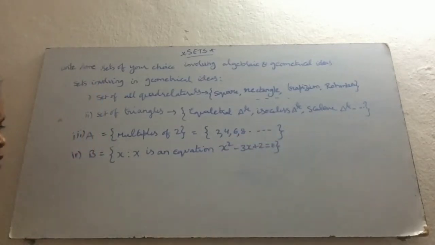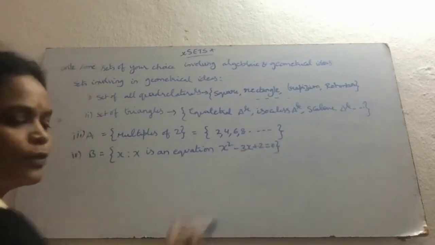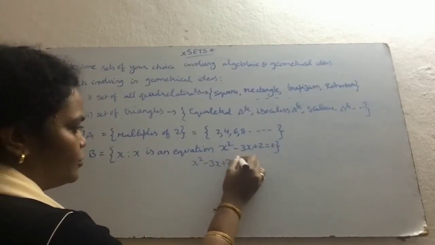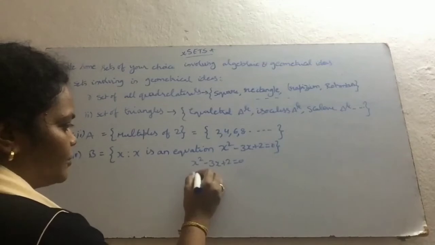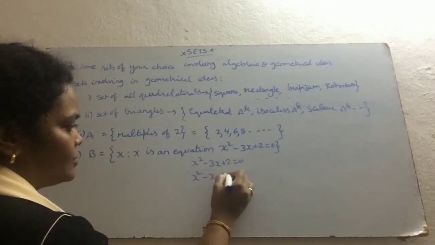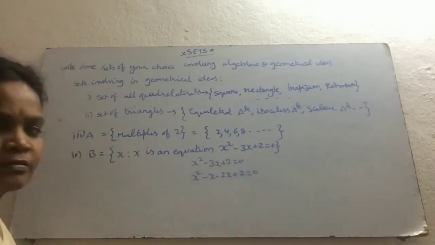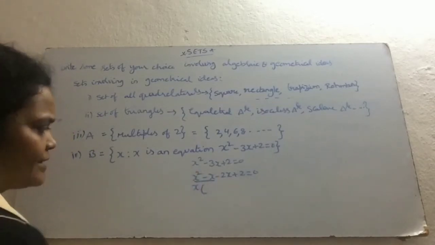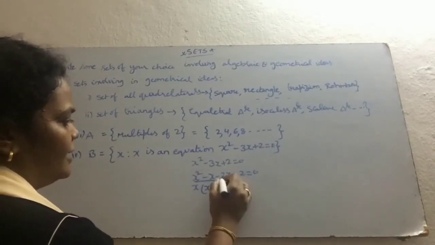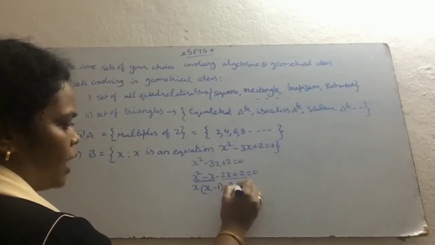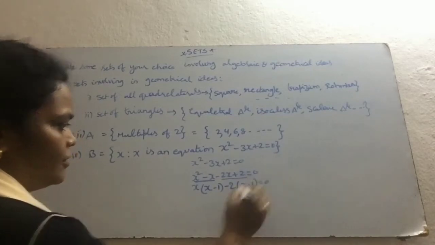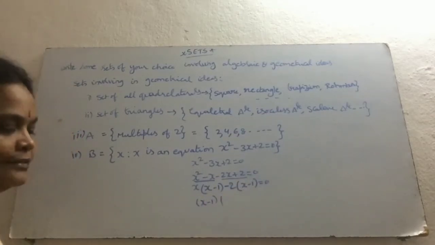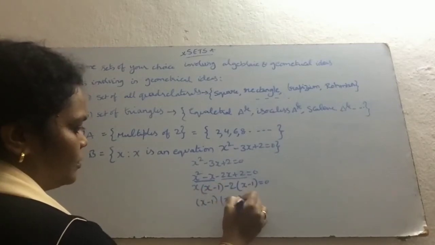That means we will take the factors of this equation. x square minus x minus 2x plus 2 equal to 0. So x common in between these two, x minus 1, and in these two minus 2 common, then x minus 1 equal to 0. In both x minus 1 we common, and next x minus 2 equal to 0.